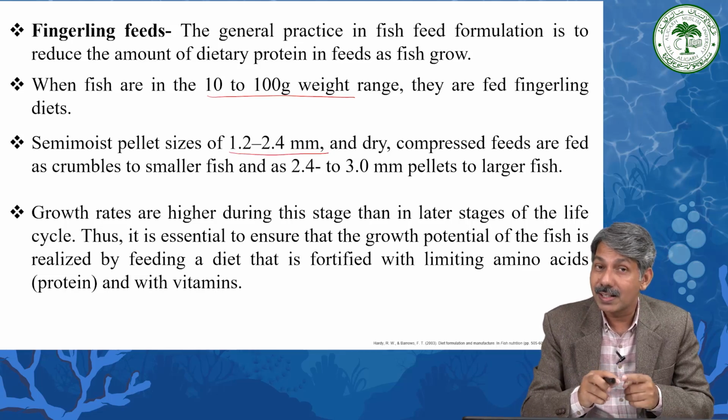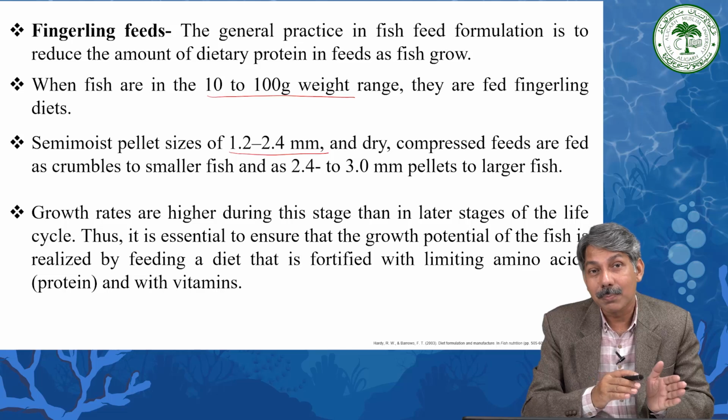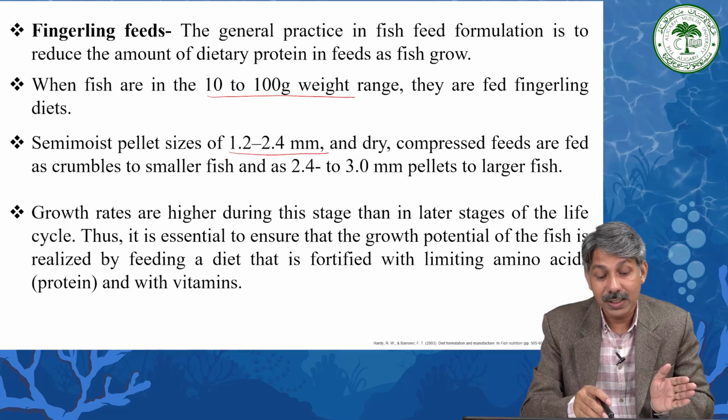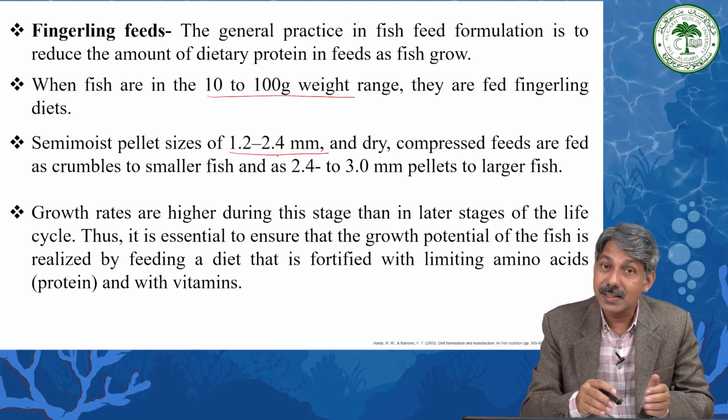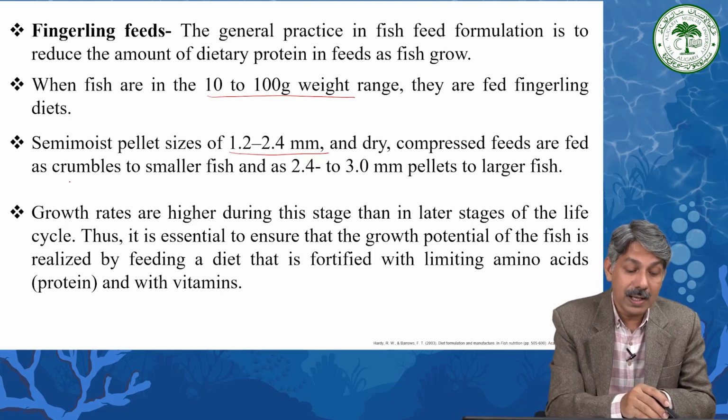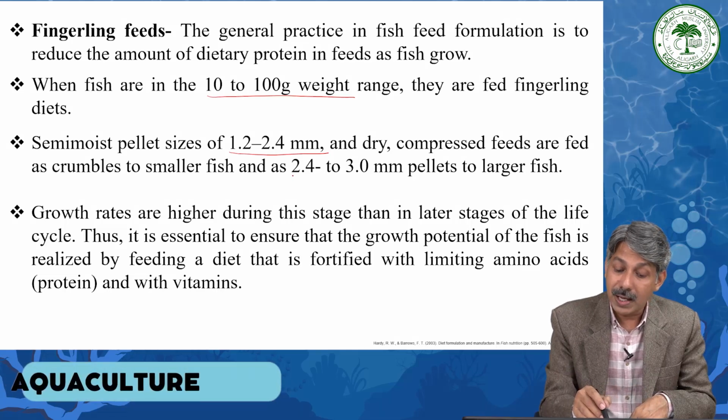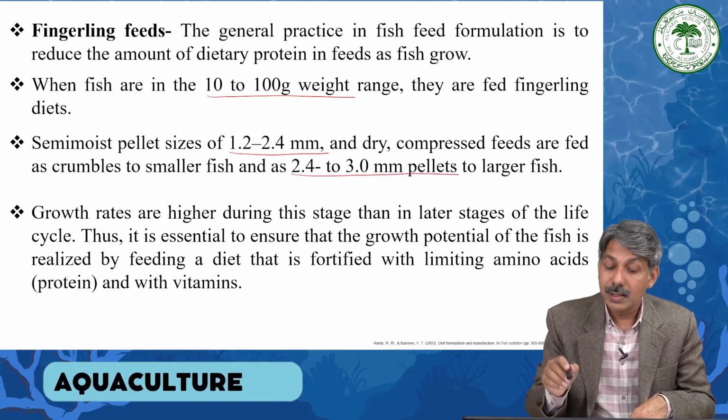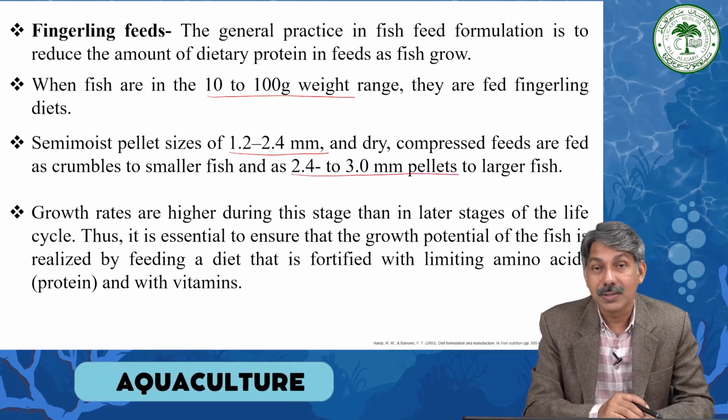Again, everything is related to the developmental stage, and you see here that the pellet size is increasing. Why? Because mouth size is also increasing. And dry compressed feeds are fed as crumbles to smaller fish, and as 2.4 to 3.0 millimeter pellets to larger fish.